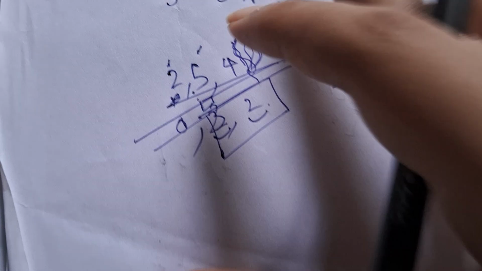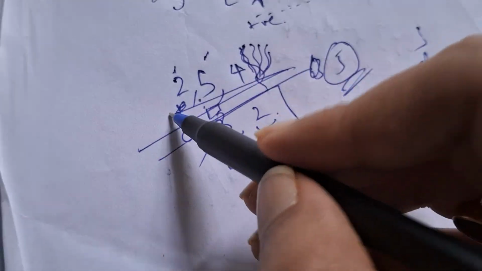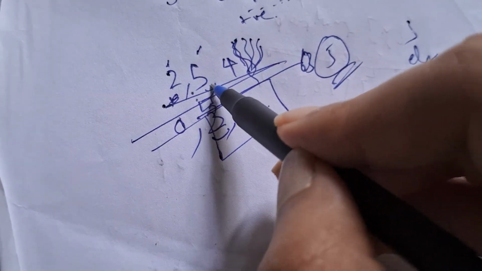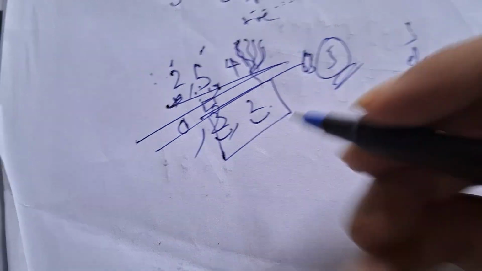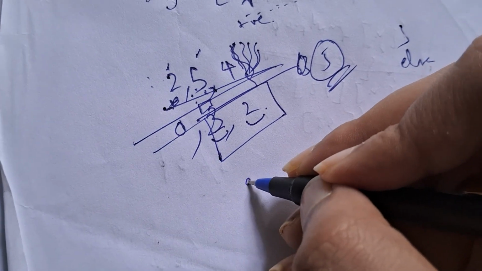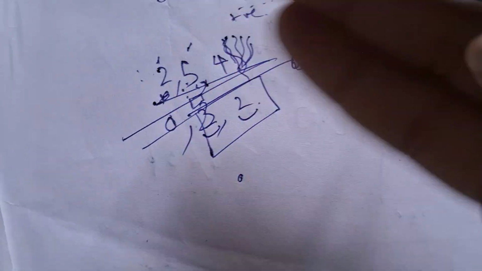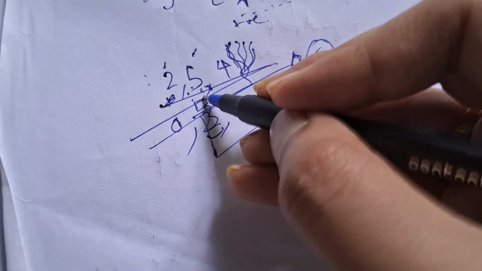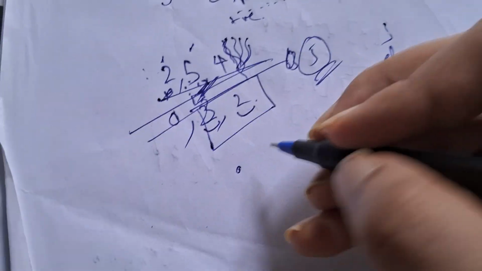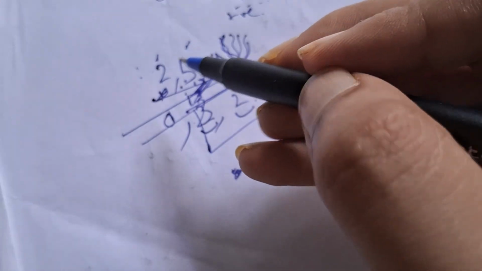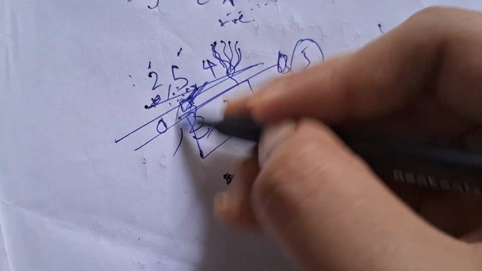Now how are we going to simplify this? 2, 5. Since this is greater than this, what is the new value of this addition or subtraction? It becomes 5 now. How many operations extra do you have to do for this? That is 3, right?